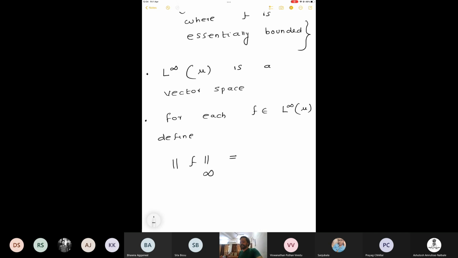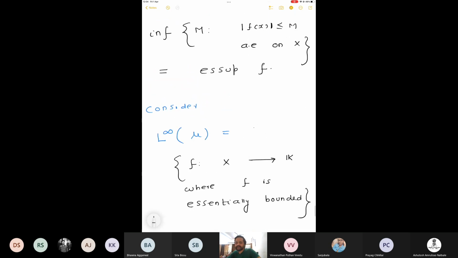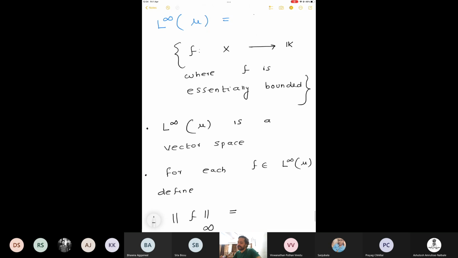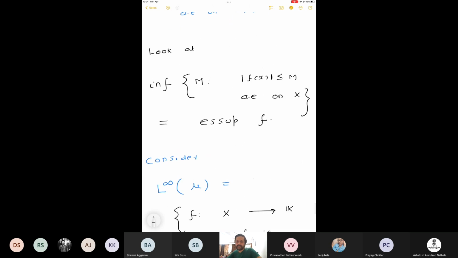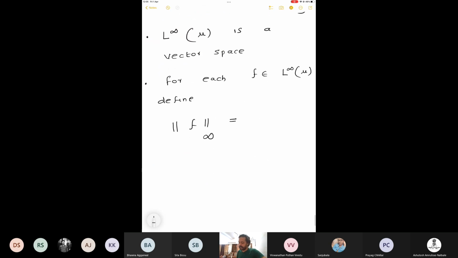Can you guess what will be the definition? F is essentially bounded. Therefore, there exists an m such that mod f x is less than or equal to m almost everywhere. I want to find the nice bound, so I have to talk about the infimum. So what will be the definition of norm f infinity? Any idea? Essential supremum of f.